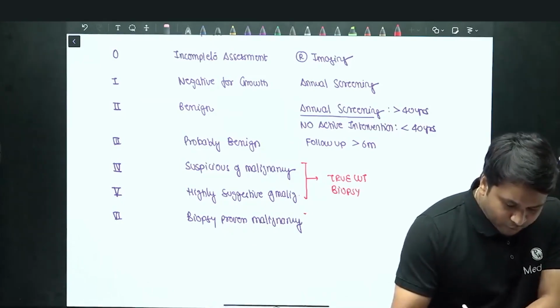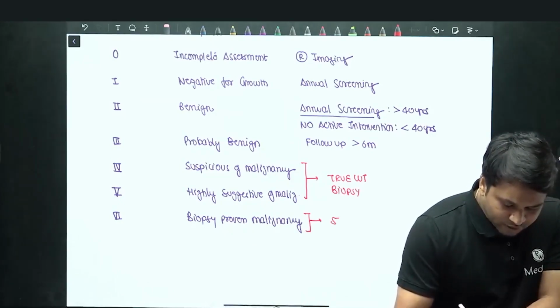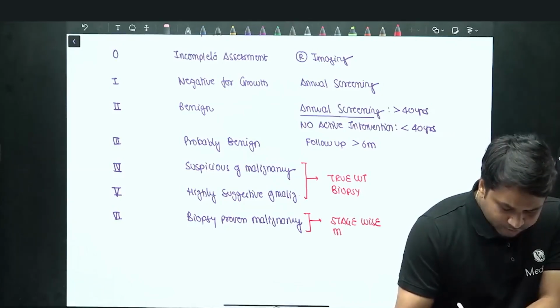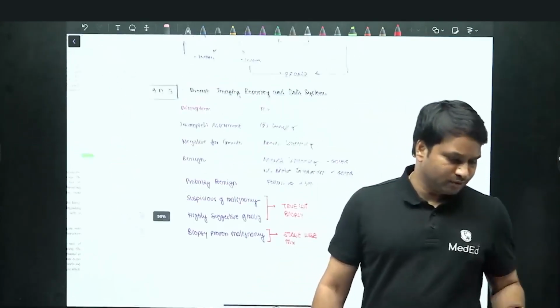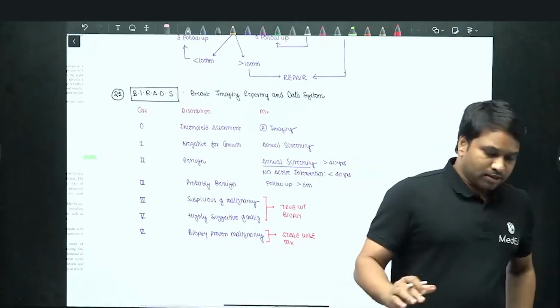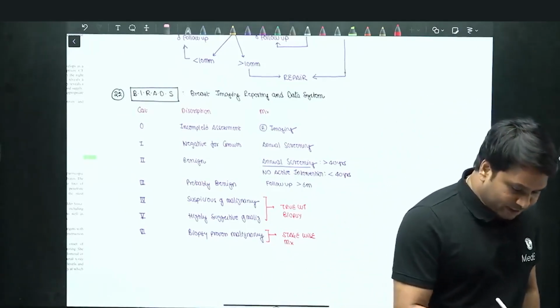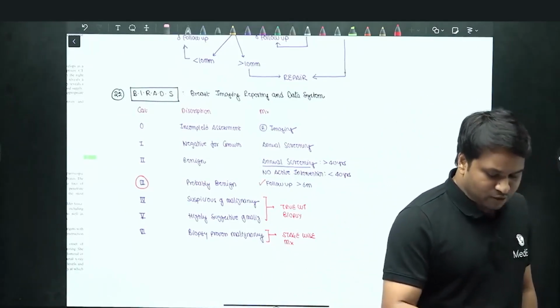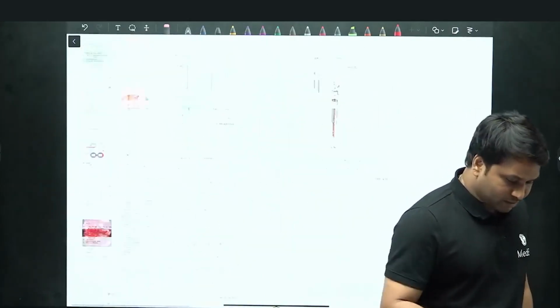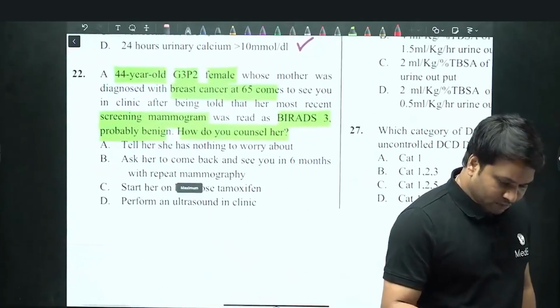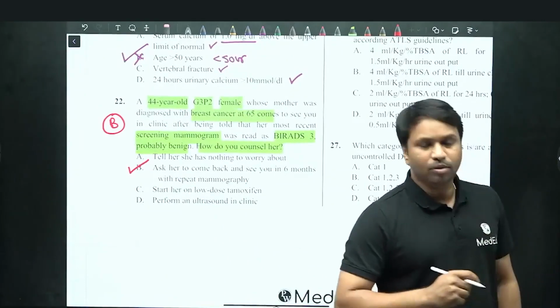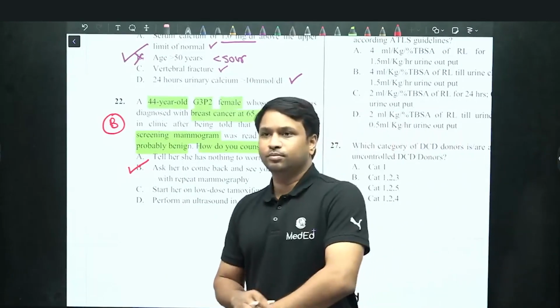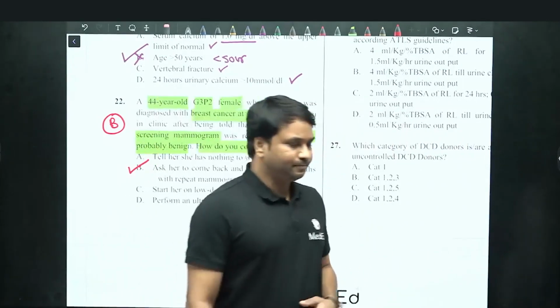For a biopsy proven malignancy, I will advise stage wise management. Clear? So the answer here is category 3, which is probably benign. So I'll ask the patient to come back for follow-up after 6 months. So here it is B for Bombay. Clear?